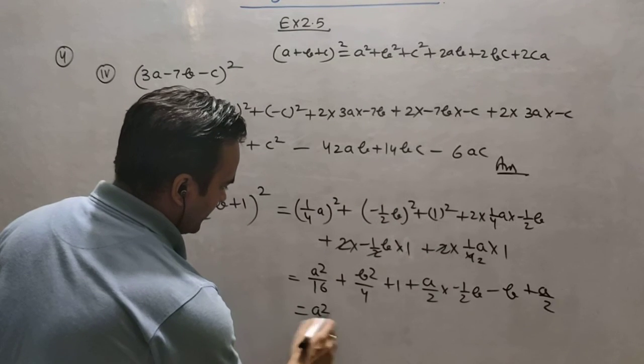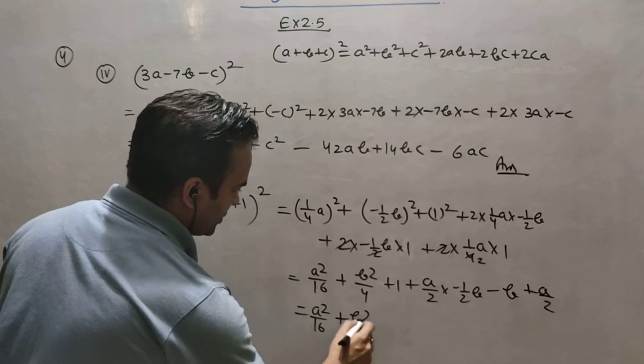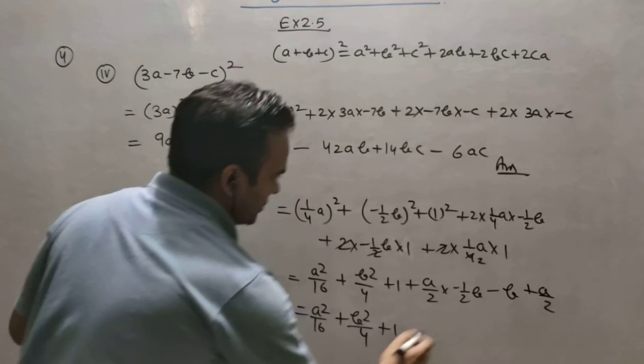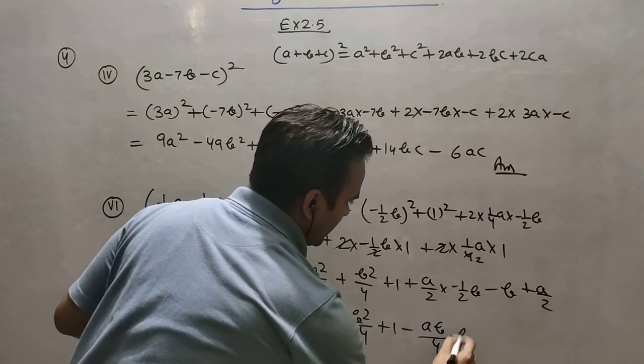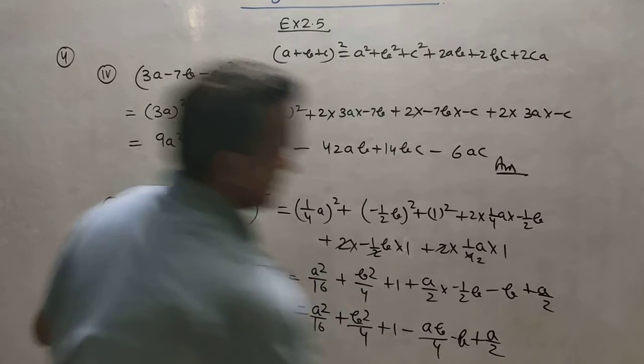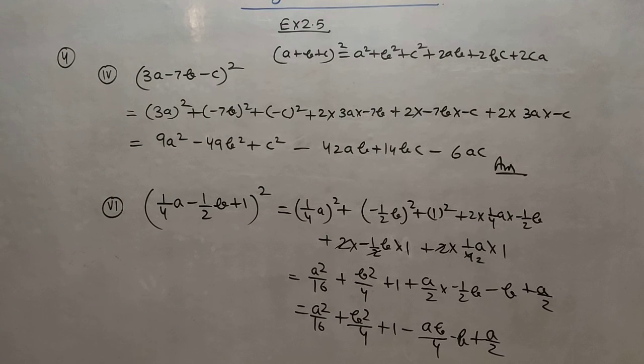Finally we have one more term which we have not simplified yet, so you can write it minus ab upon 4, and it is minus b and a upon 2. So it means you should be perfect in the calculation part. You should be very careful with each multiplication, with each minus, so that there should not be any chance of any error, right?